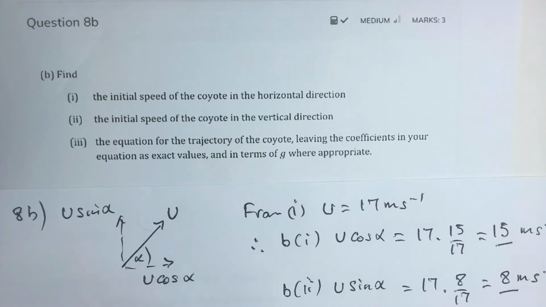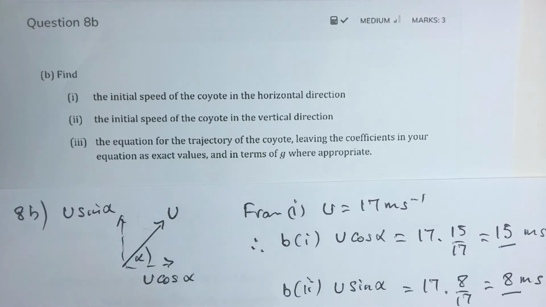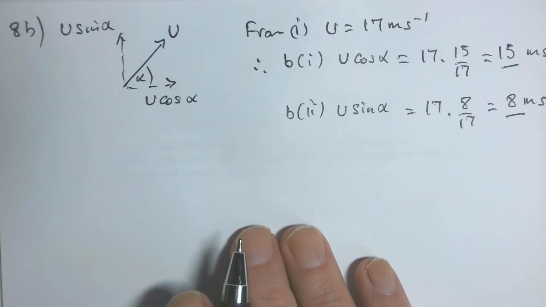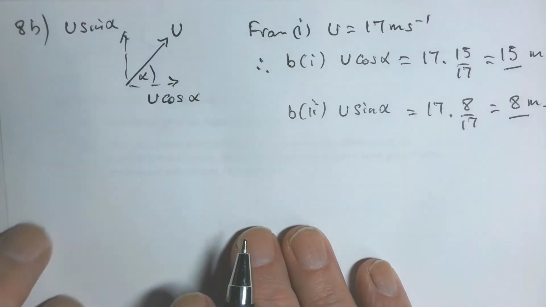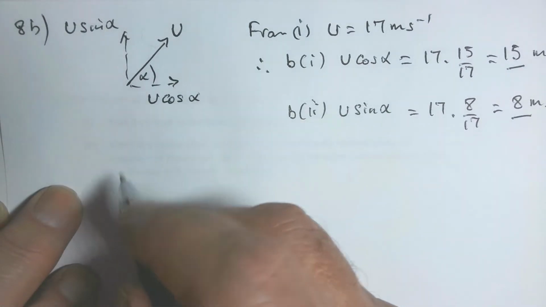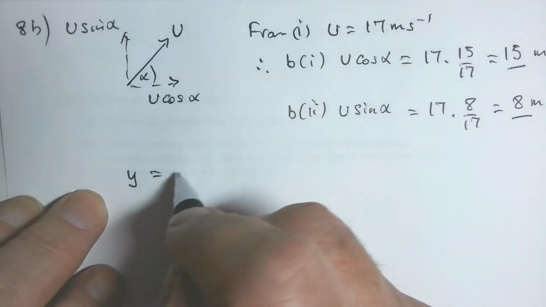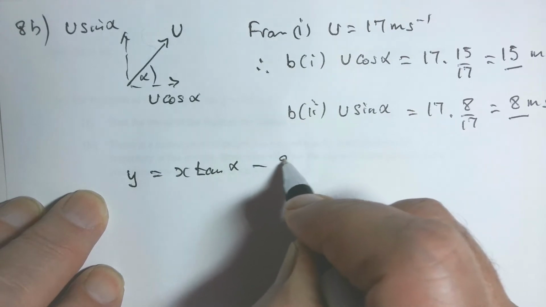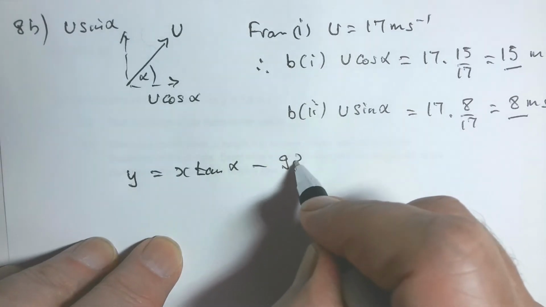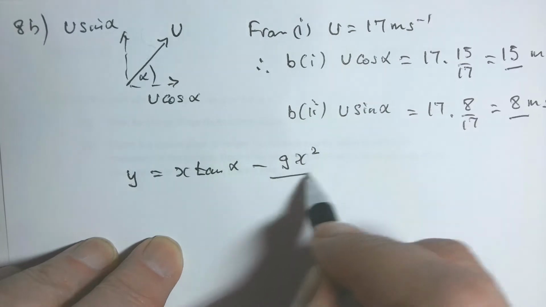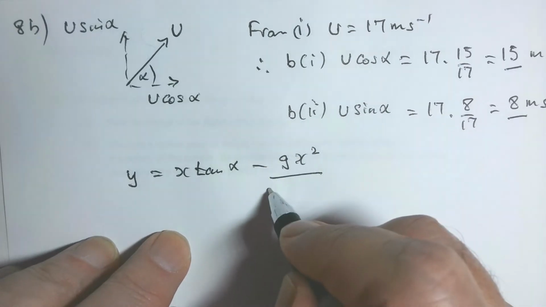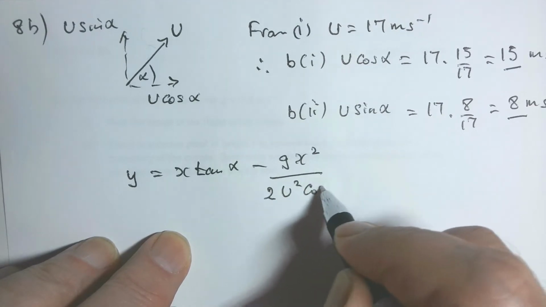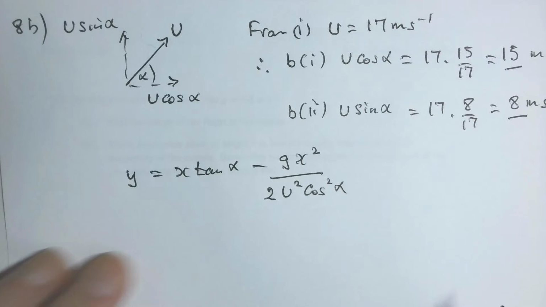You derived an equation that y equals x tan alpha minus g x squared over 2u squared cos squared alpha. Do you remember? We had that equation.